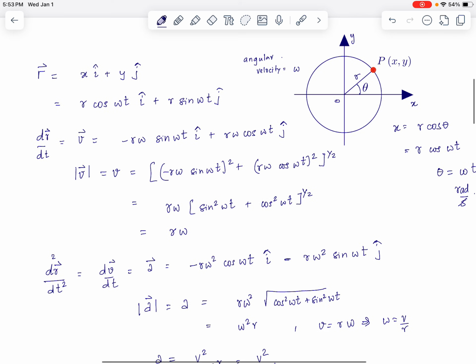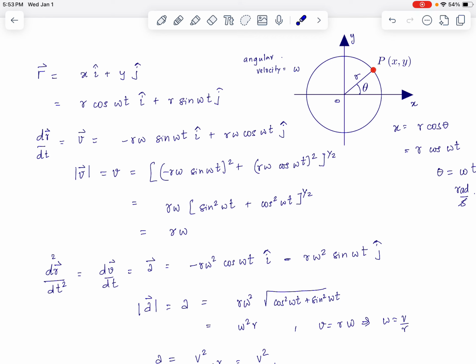Similarly, we can write y as r sine theta, and theta equals omega t, so we have r times sine omega t. So the position vector is r cosine omega t i hat plus r sine omega t j hat. We take the derivative of the position vector with respect to time to find this expression, knowing that the derivative of cosine is negative sine and the derivative of sine is cosine, and we use the chain rule here.